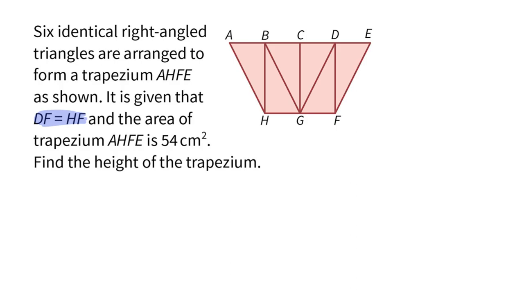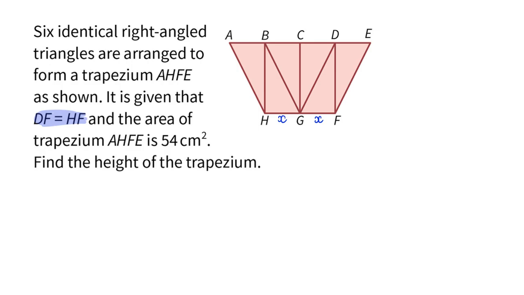Okay, so let HG be X. If HG is X, GF is also X, because these are 6 identical right angle triangles.